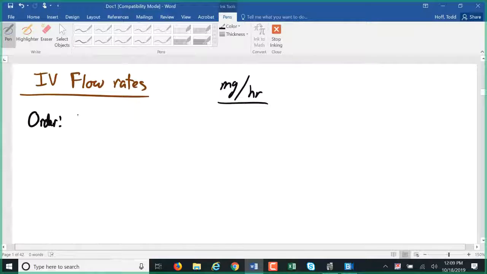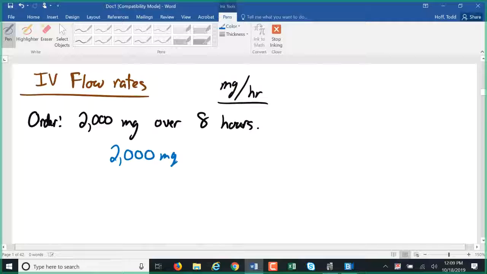If we have an order of 2,000 milligrams over 8 hours. Flow rate: the amount of medication over the time.